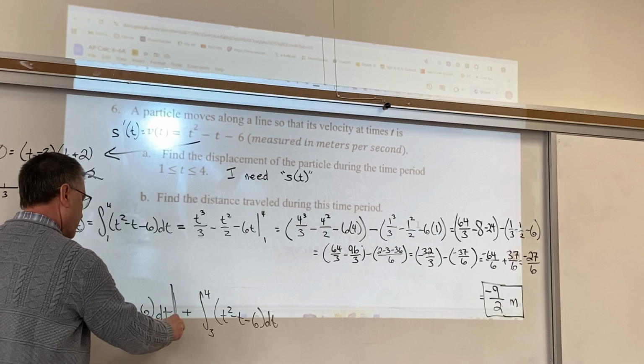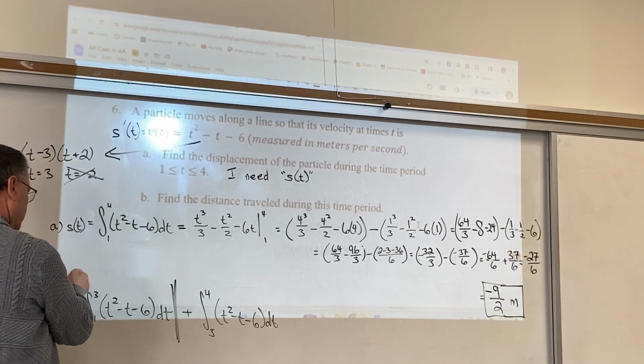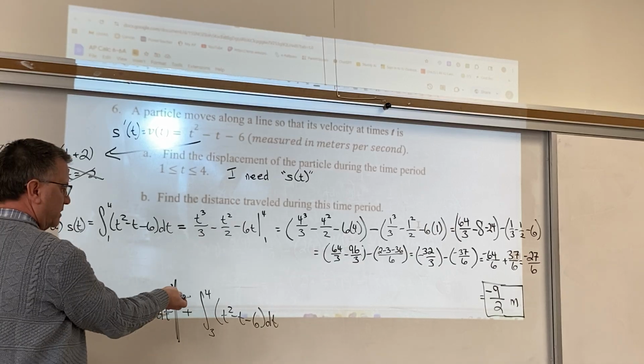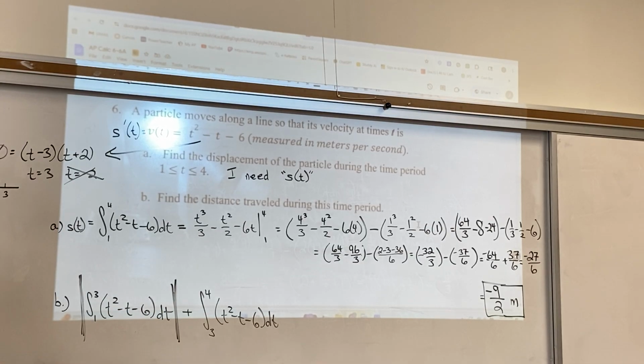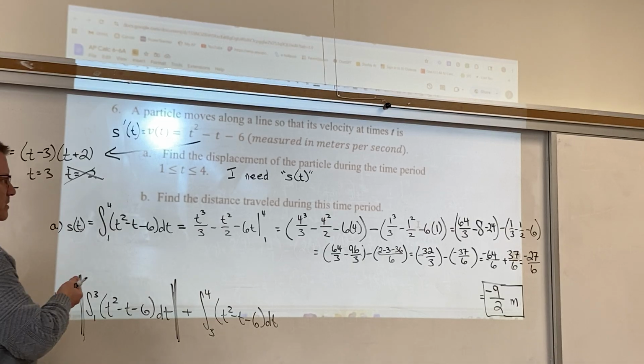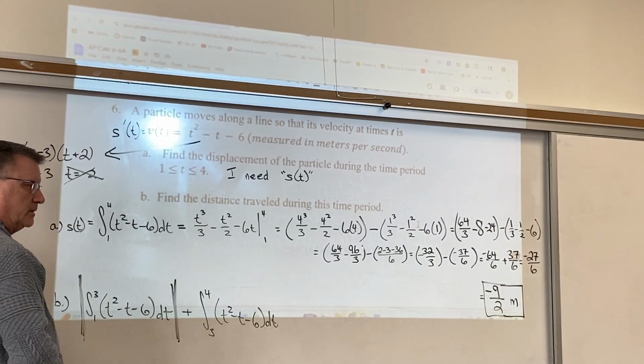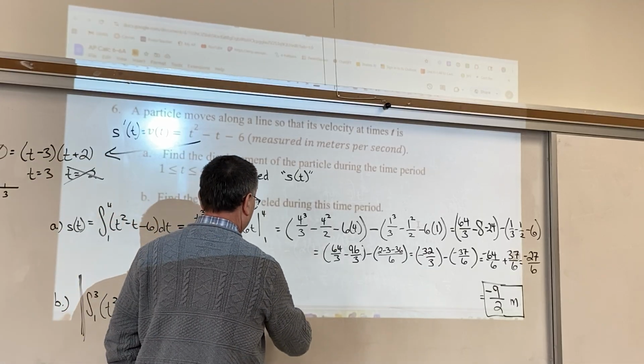So I know this is the part I have to absolute value, or make the opposite. I know this part's already gonna be positive. Don't I already know what the integral is? The integral is right here, right? There's my integral. So I just have to plug that stuff in.